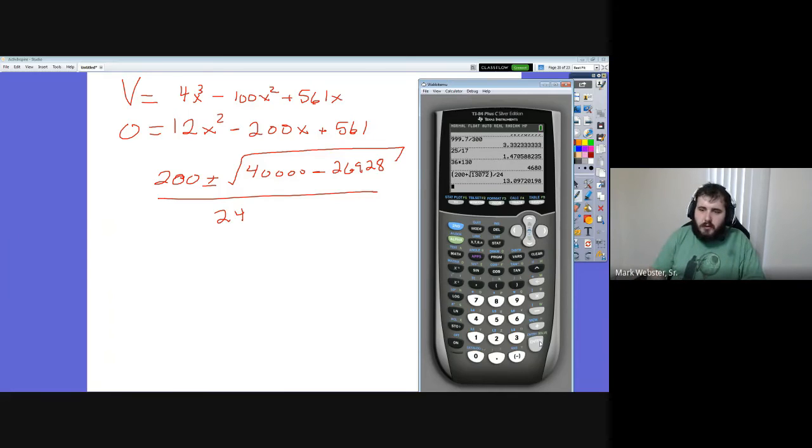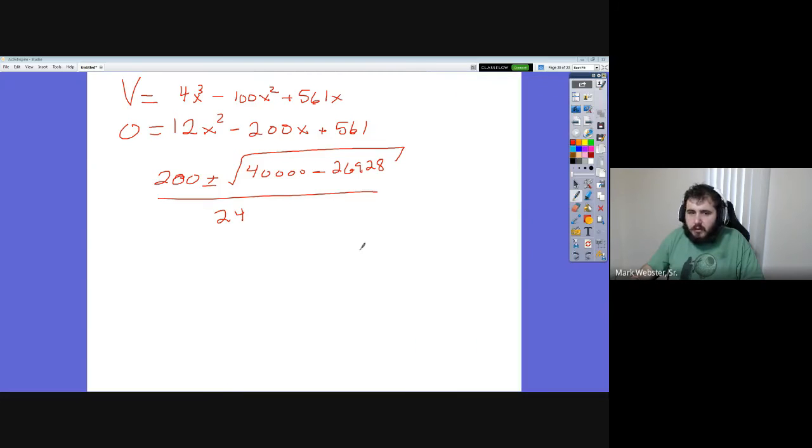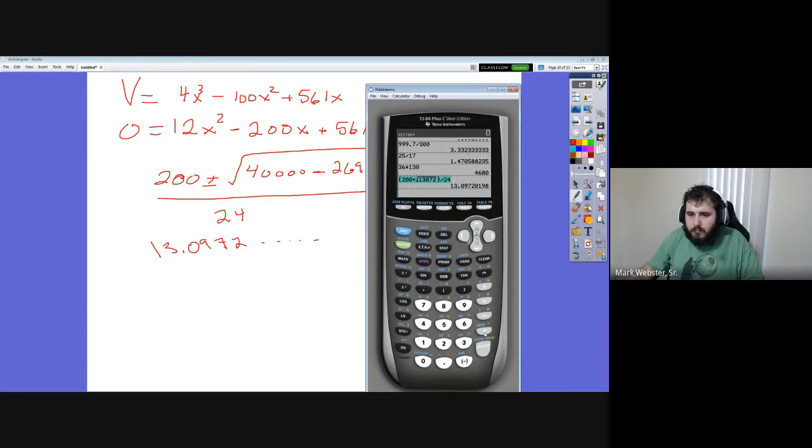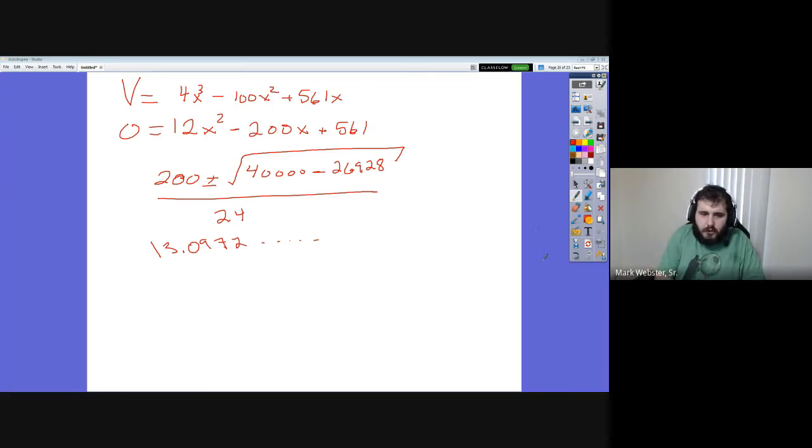That gives us one answer of 13. And then the other one we're going to do with the minus sign. This one is going to be 3 point.